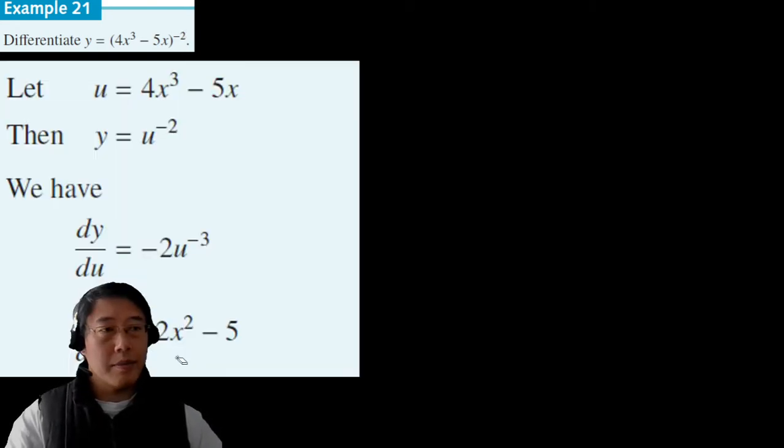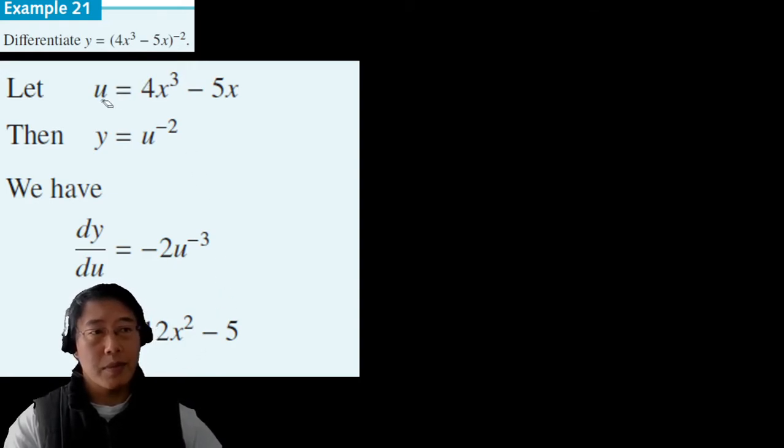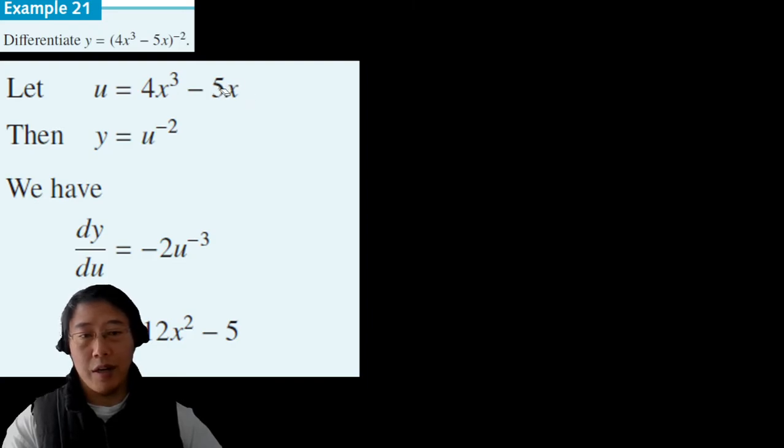So here we'll start with the Leibniz notation. The u is what you have inside your bracket, so that's your 4x cubed minus 5x. Now your y, which is here, will be a function in terms of u, so it will be u to the power of negative 2.